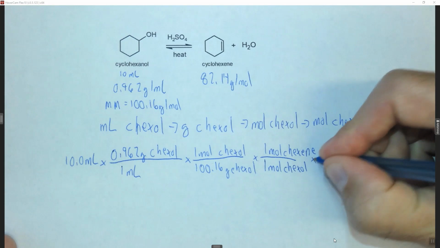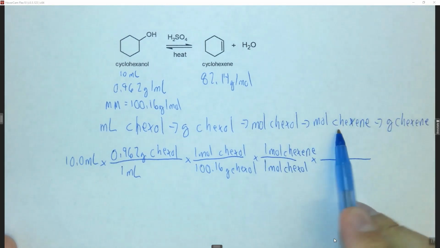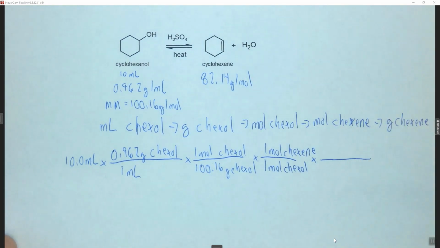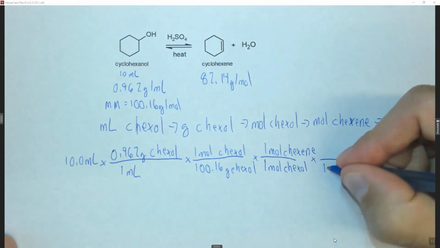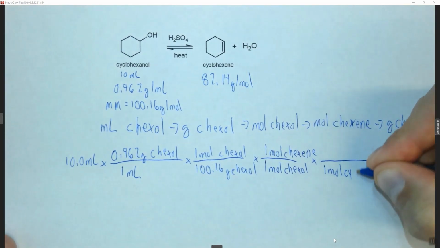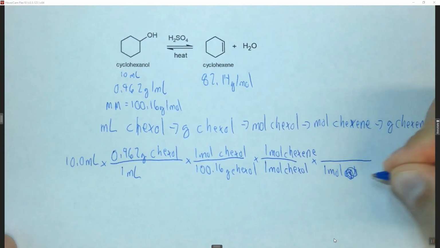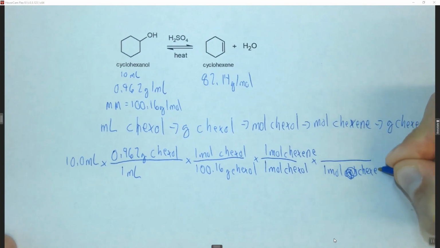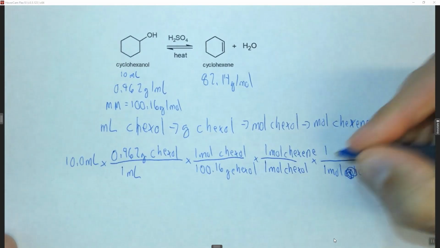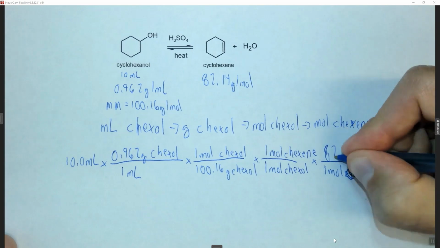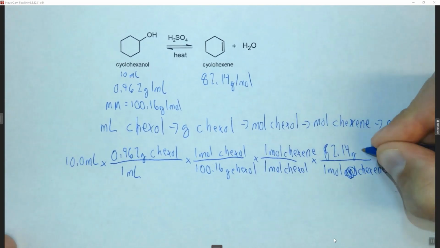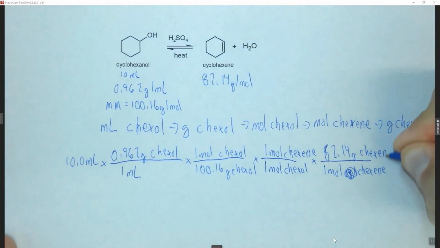Finally, we want to convert from moles of cyclohexene to grams of cyclohexene. So in this case, we put the 1 mole of cyclohexene on the bottom. Can't even remember my own abbreviations here. And then the 82.14 grams of the cyclohexene on the top.